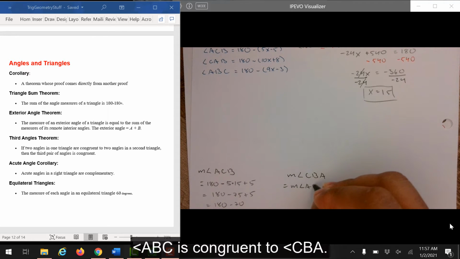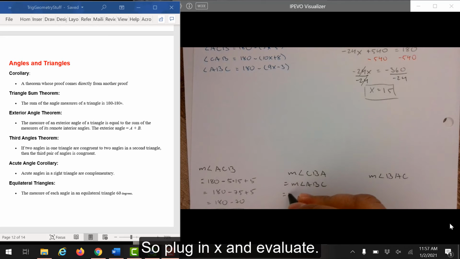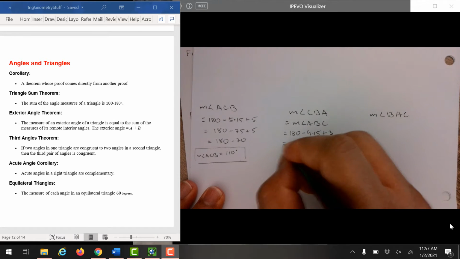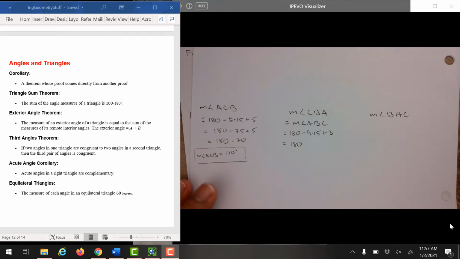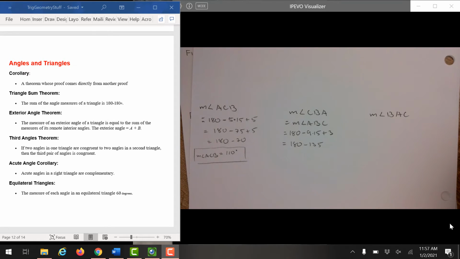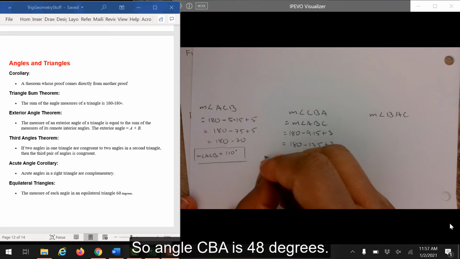Angle ABC is congruent to angle CBA. So plug in x and evaluate. So angle CBA is 48 degrees.